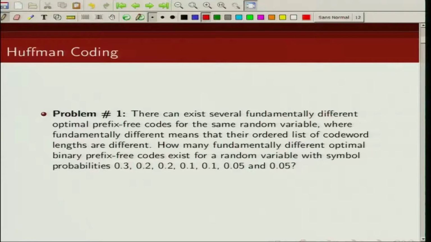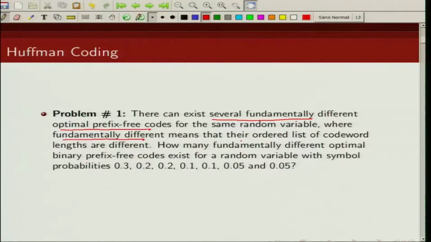There exist several fundamentally different optimal prefix-free codes. Now we know Huffman coding is the optimal prefix-free code, so there exist several fundamentally different Huffman codes. What do I mean by fundamentally different?